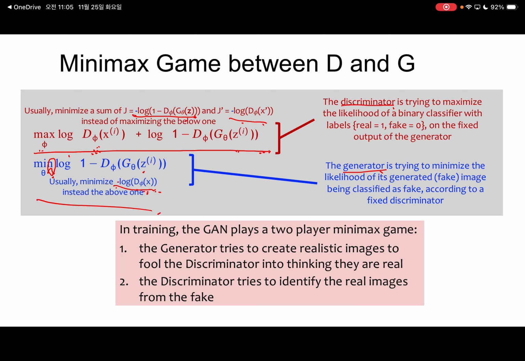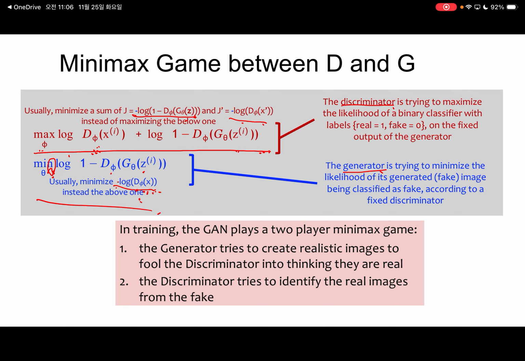But mathematically, they are more or less the same. Minimizing log 1 minus D phi G theta z, without the minus sign, is more or less equivalent to minimizing minus log D phi G theta z. So in practice, people just simply minimize this one, because we can directly use the binary cross entropy loss function without some custom implementation.